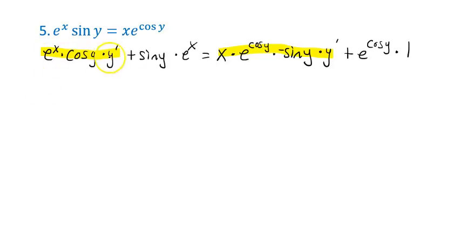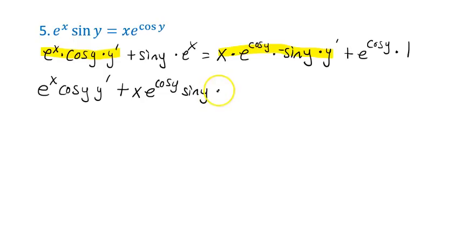So I'm going to keep this as e to the x cosine y, y prime. I'm going to subtract, actually add, because this was negative. Because this whole piece has that negative sign in there, so that whole side will be negative. I'm going to add that and say I have x e to the cosine y sine y y prime.